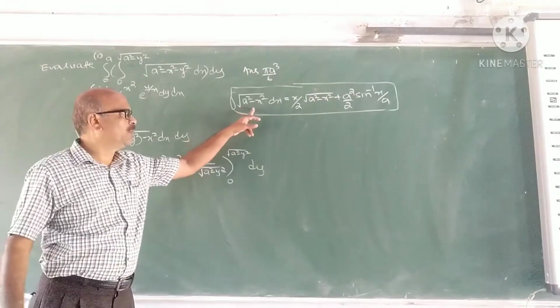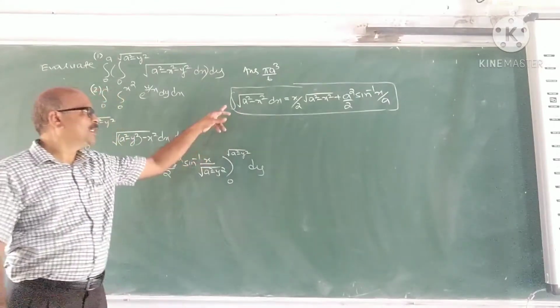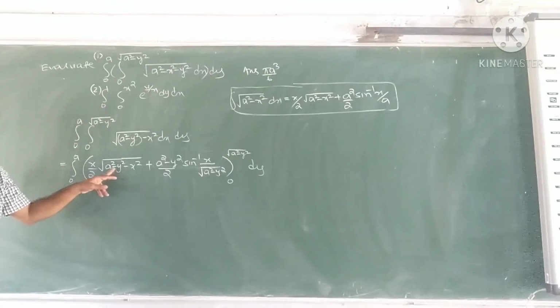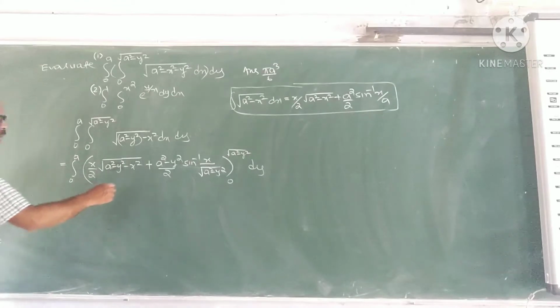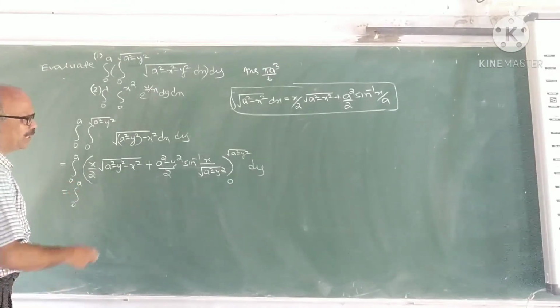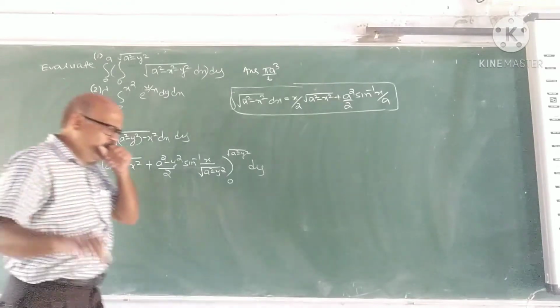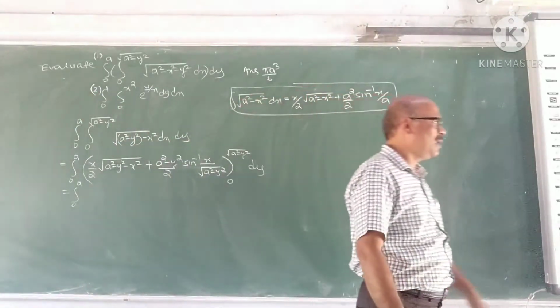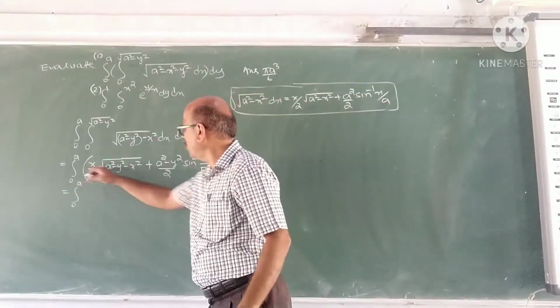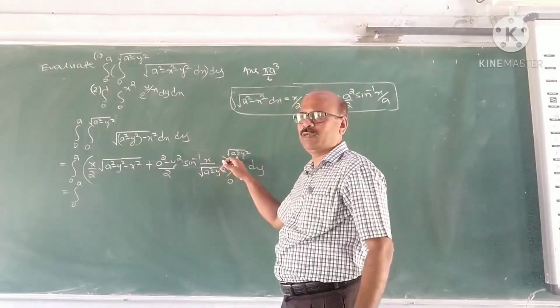I have applied this formula here. Instead of a, we have a square minus y square. Instead of a square, we have a square minus y square. Now, take the limit 0 to a. In place of x, you have to write root a square minus y square.